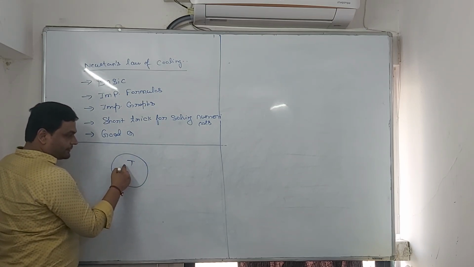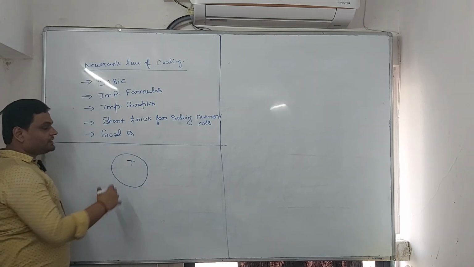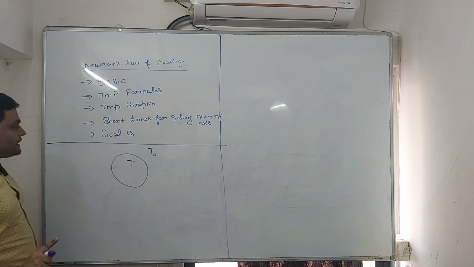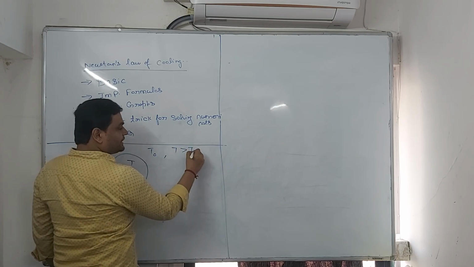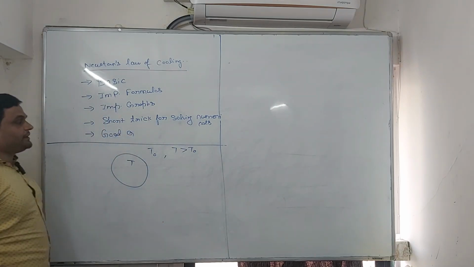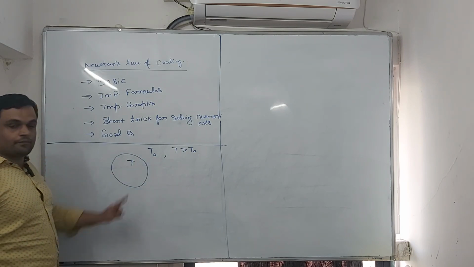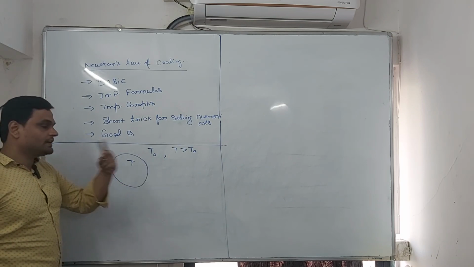This body is having a temperature T and it is kept in an environment where the surrounding has the temperature of T naught. Now, if T is greater than T naught, then by common sense, you tell me what will happen. Will this body gain heat or will it lose heat? Obviously, this temperature is greater than this, it will lose heat.